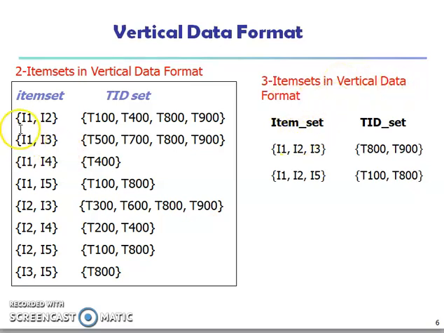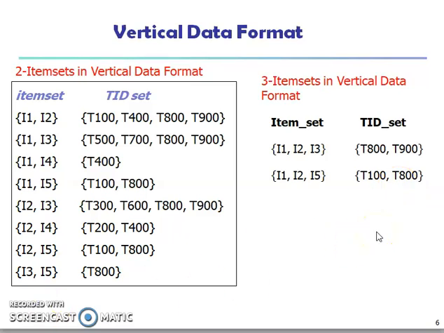If you combine 3 item sets, finally you will get I1, I2, I3 and I1, I2, I5. You can check in which transactions I1, I2, I3 occurred. If you check the previous table, you can see T800 and T900. Same way I1, I2, I5 occurred in T100 and T800.